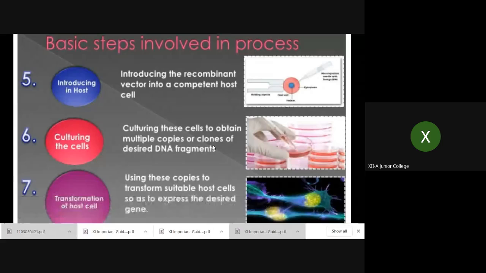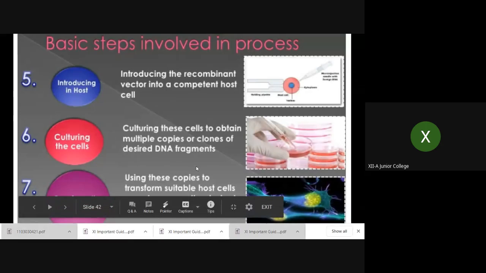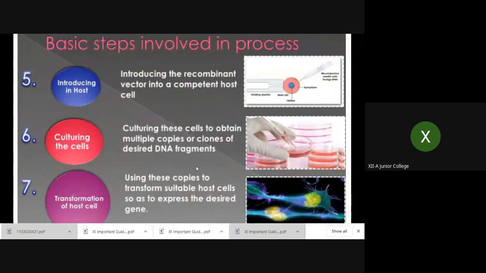And once the culture is made in sufficient quantity, then using these copies to transform suitable host cells so as to express the desired gene.